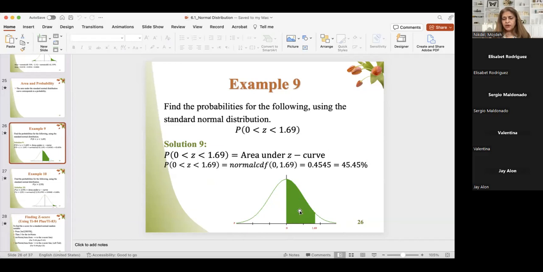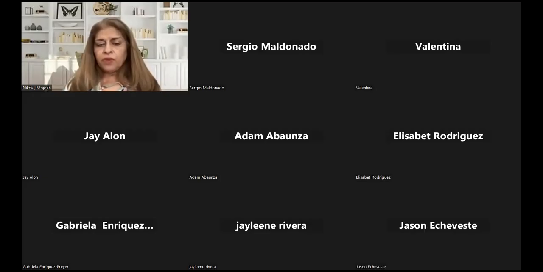Probability is the area of this shaded region. Normal CDF, left side of the region 0, right side of the region 1.69, and you get 45.45%. So the area that you learn in section 6.1 is the probability.